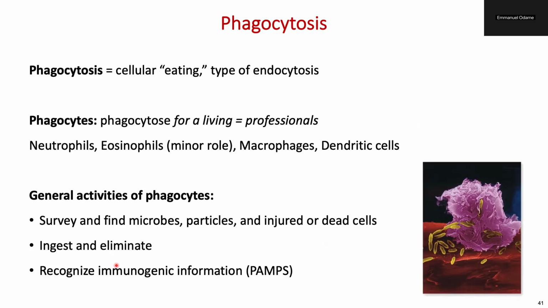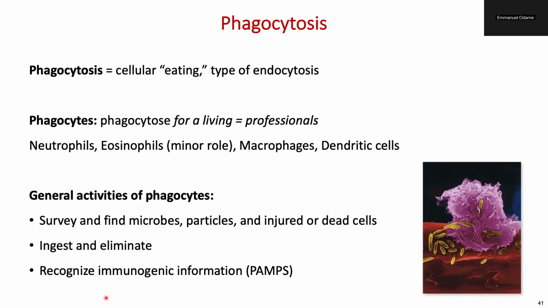Phagocytes, basically, their role is to phagocytose for a living. So they just have to eat something or any foreign organism in order for them to survive. And their general activity is just to survey. You survey, you find microbes or particles, mostly at injured sites, or you can also find a dead cell and just ingest it and eliminate it.